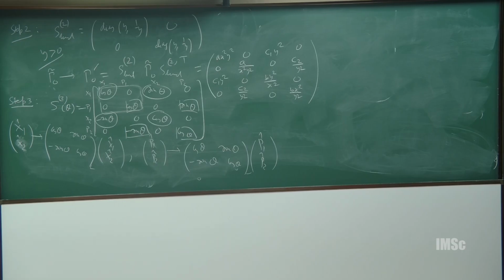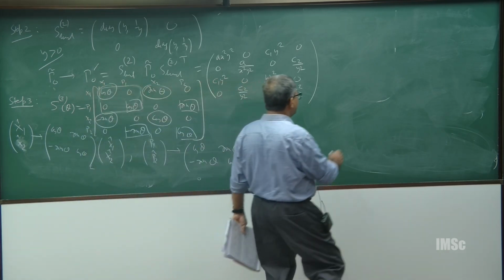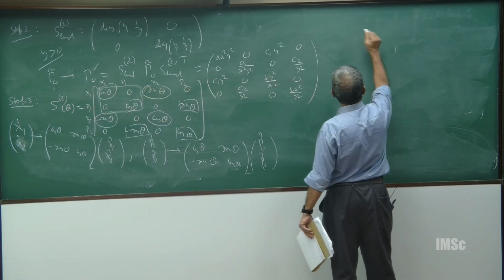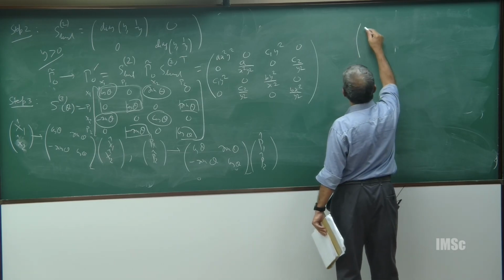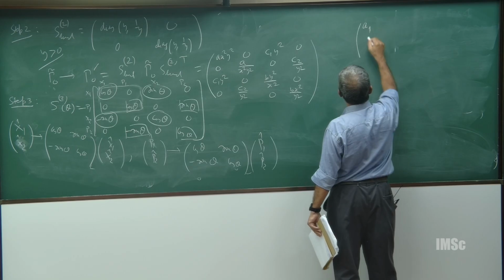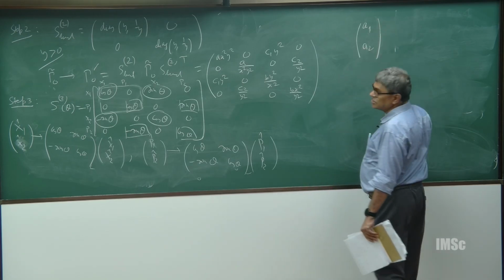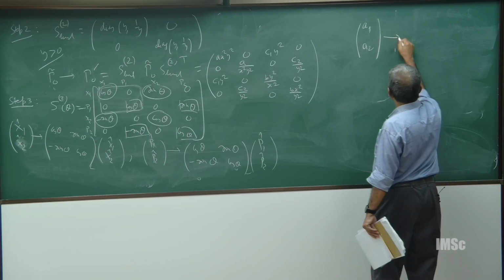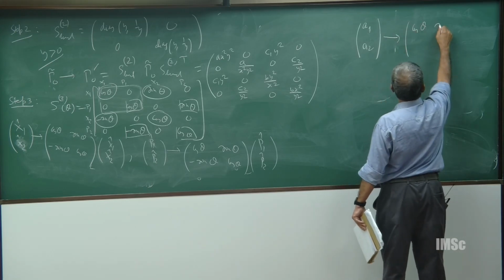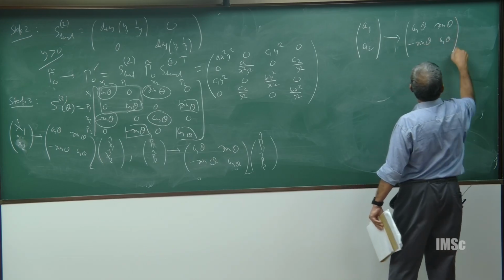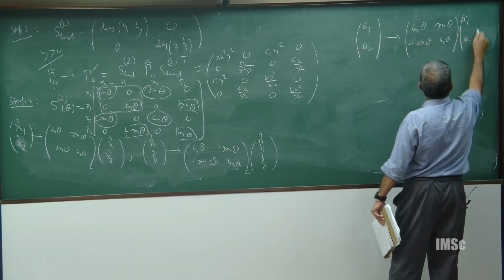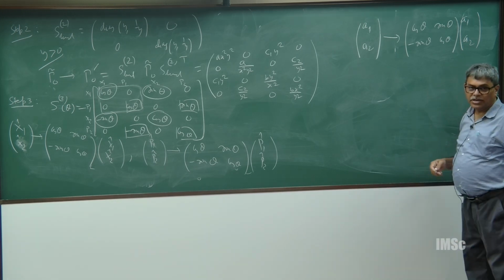Okay. So, now what is this transformation? This is a very familiar transformation, if I do this thing between the modes. So, let us say I have the modes A 1 and A 2, these are the annihilation operators of the modes. This goes to cosine theta sin theta minus sin theta cosine theta A 1 A 2. Okay.